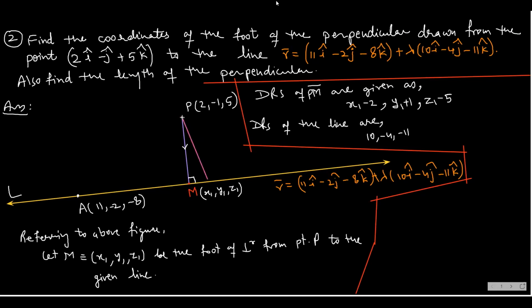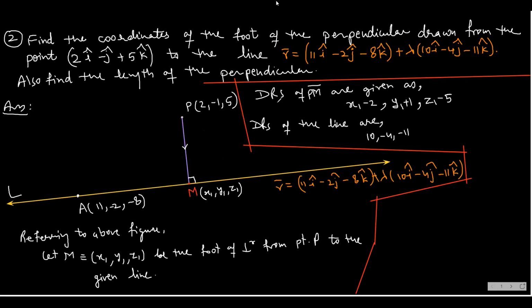If I take anywhere else, that would not be a perpendicular. Even the slightest movement will not give me the perpendicular. The perpendicular will happen only at that M. It is specific, and that is what is solving our problem.